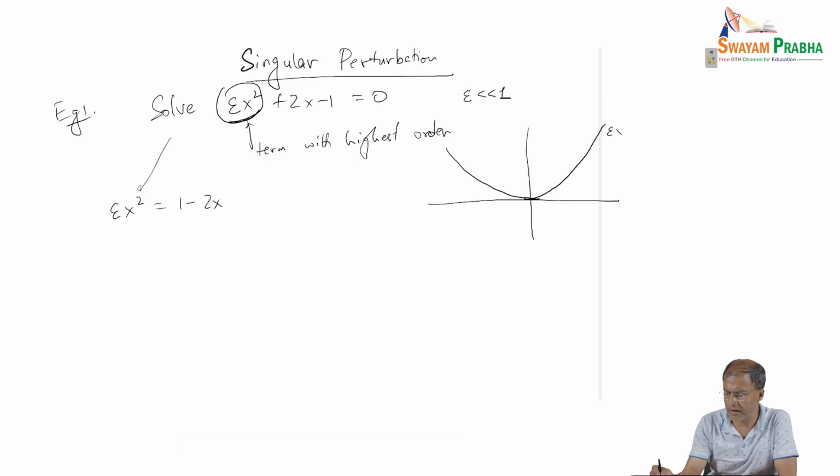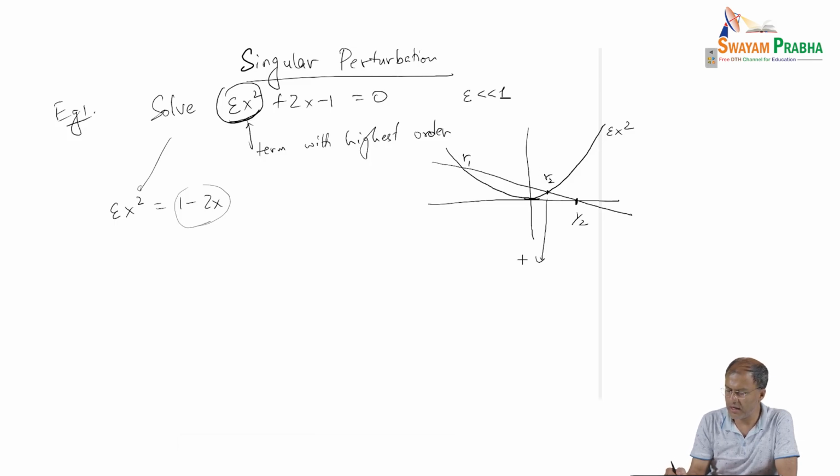So this is my parabola, and on the other hand we have 1 minus 2x, right? Of course 1 minus 2x cuts the x-axis at x equal to half, and we expect that there will be two roots, let's say R1 and R2.